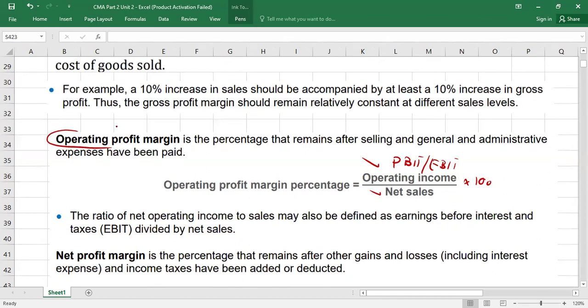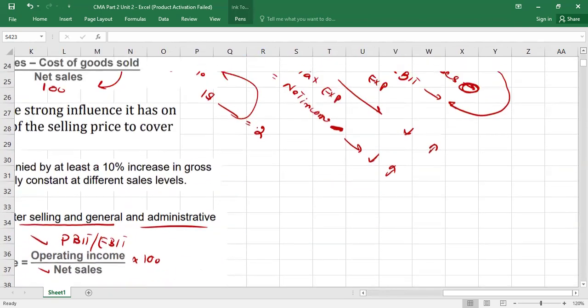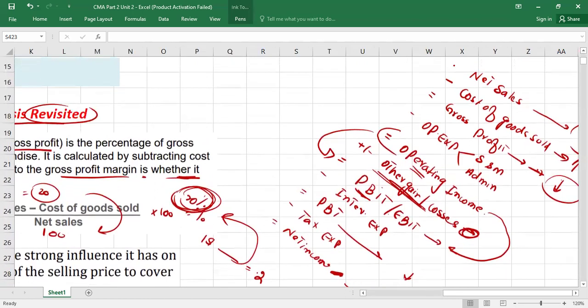Whenever you calculate the operating profit margin percentage, they are saying that the operating profit margin is the percentage that remains after selling and general and administrative expenses have been paid. Yes, because how do we calculate operating income? We first took sales, then cost of sale, which equals gross profit.